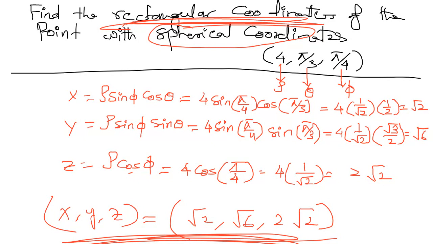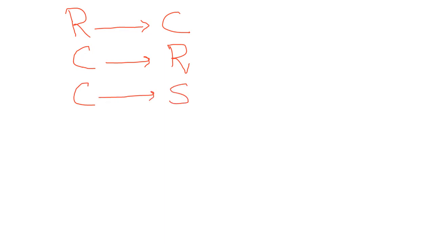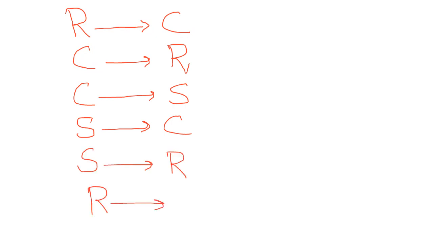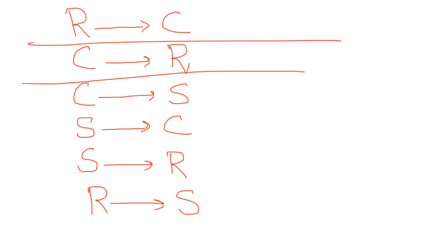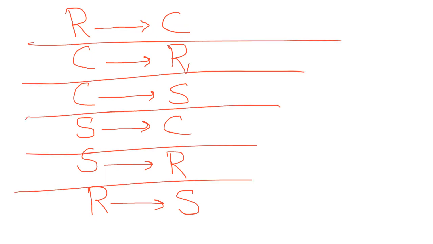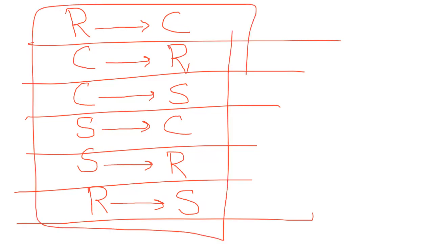If you remember all the 6, what are the 6? Rectangular to cylindrical, cylindrical to rectangular, cylindrical to spherical, spherical to cylindrical, spherical to rectangular, and rectangular to spherical. These are 6, and they all have different formulas.